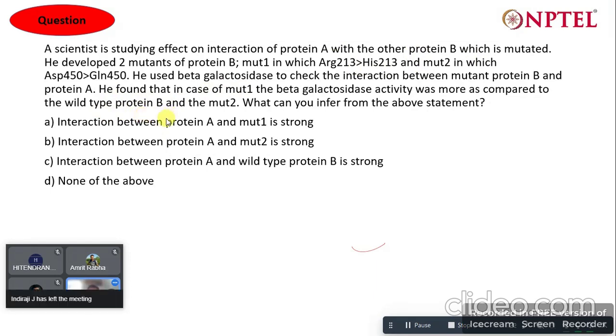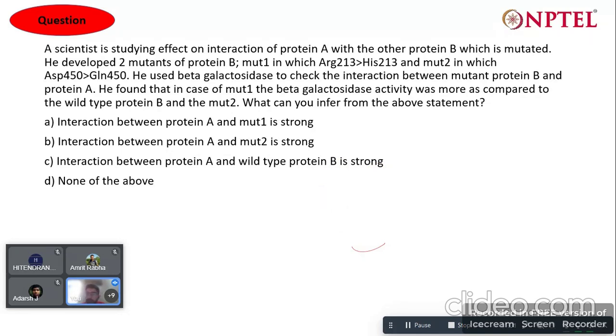And this activity is more in case of mut1 with protein A, as compared to the wild type as well as mut2. So what can you infer from the above statement? The options are: interaction between protein A and mut1 is strong; interaction between protein A and mut2 is strong; interaction between protein A and the wild type is strong; or none of the above.